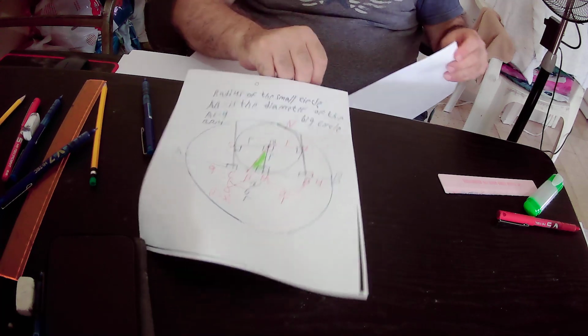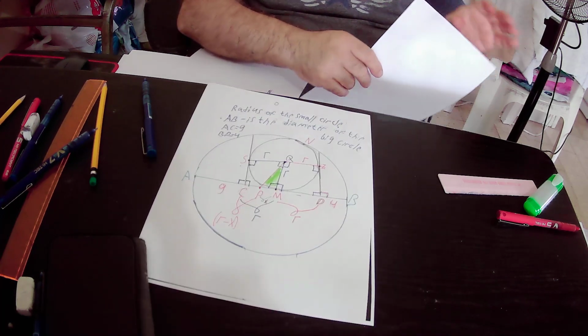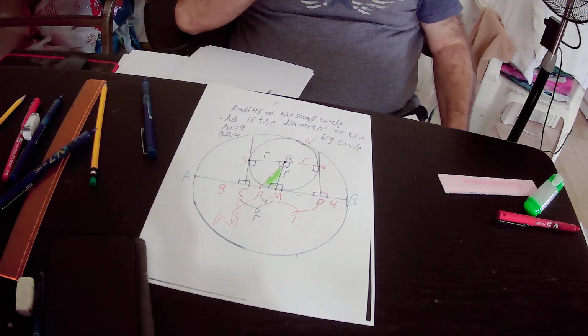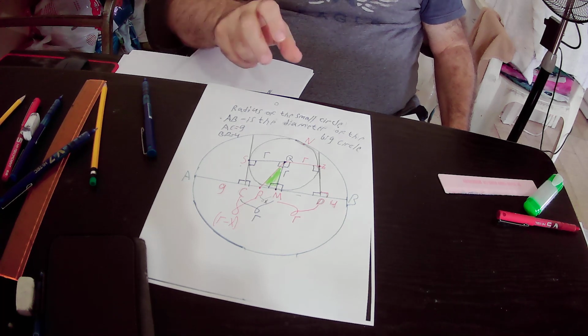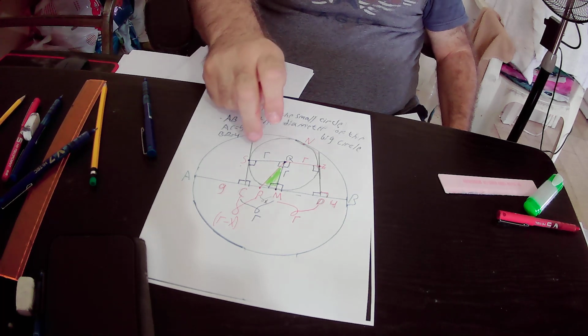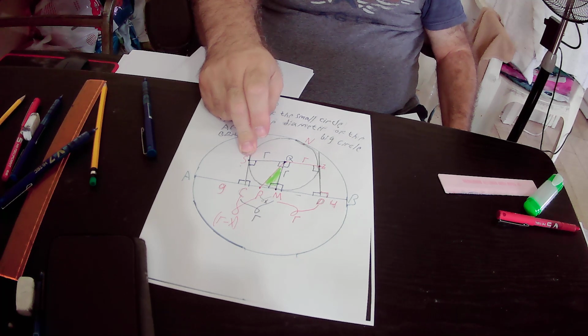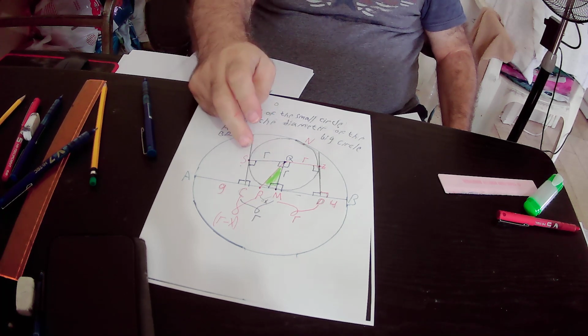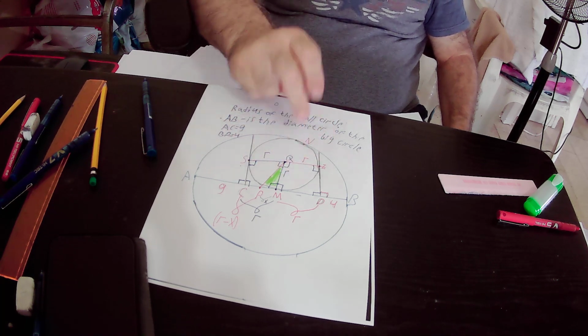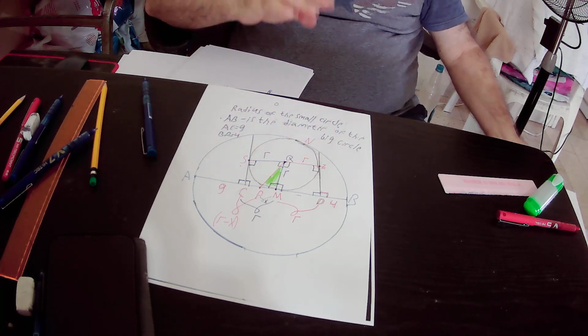Okay, so actually whenever a radius touches the circle at the launch point, then the tangent is perpendicular to that radius. So all these angles are right angles, according to rule number 1.